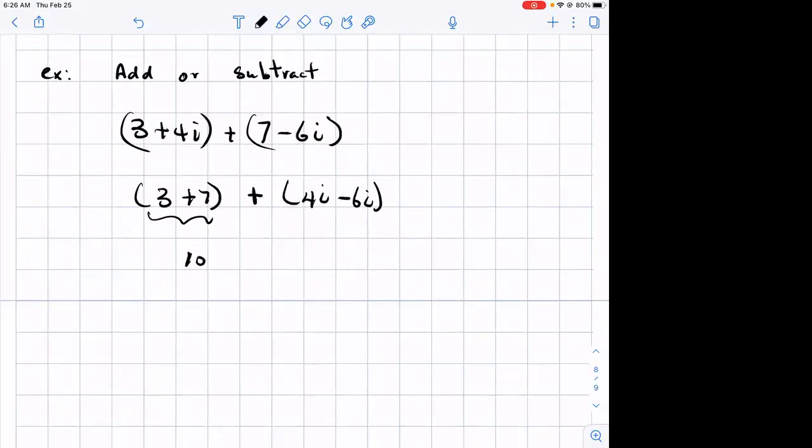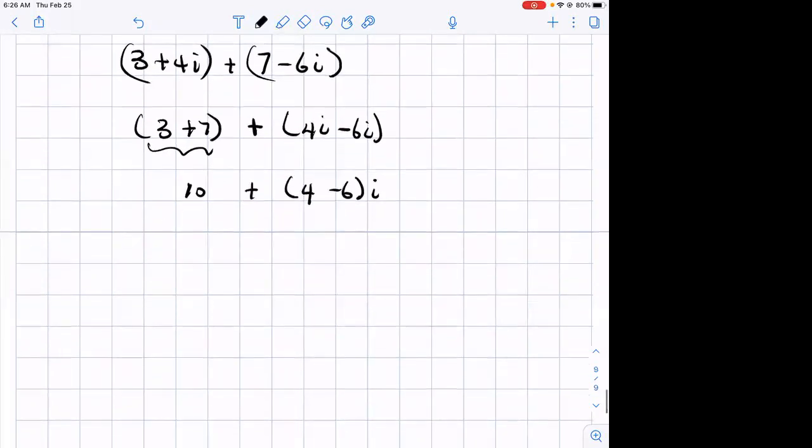If we add the 3 plus 7, we get 10. Plus, if we take out the i, we have 4 minus 6, put the i on the outside. And 4 minus 6, we have 10 plus 2i. And here is the final result. So it's just a matter of combining like terms.